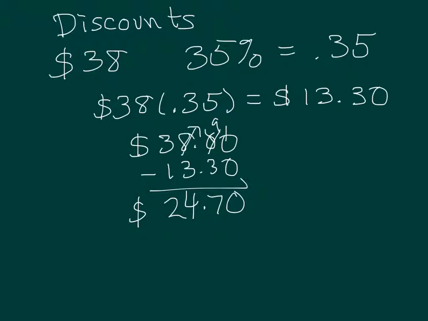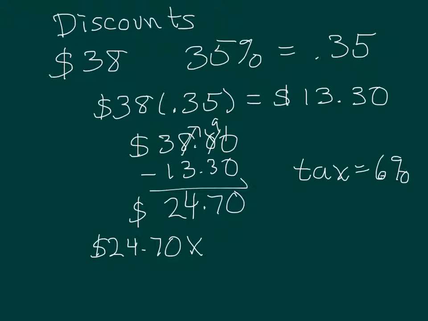Now, you also might have a tax on top of that. So what you would have to do is take that discounted price and then take the tax rate. Let's say this time that the tax rate is 6%. Okay, we would have to multiply $24.70 times 0.06 when we change that to a decimal.